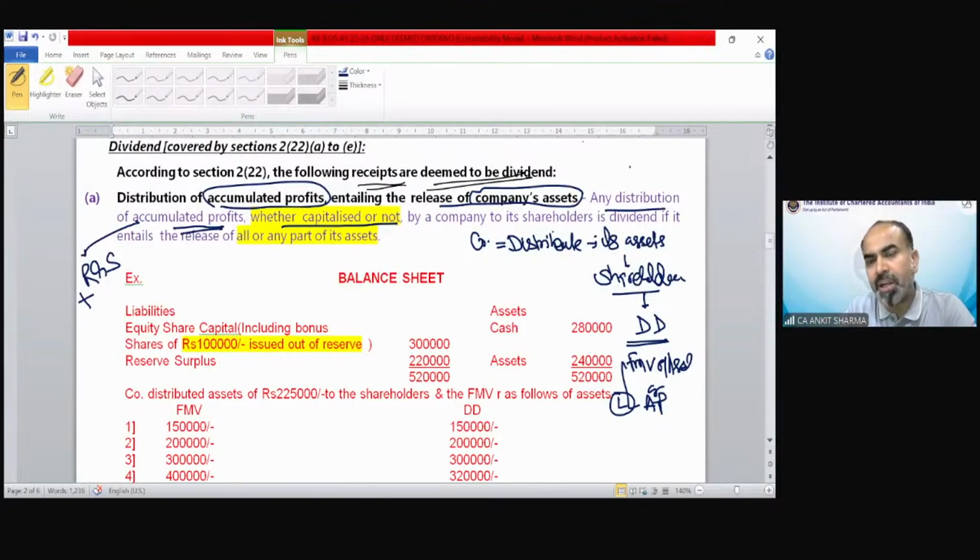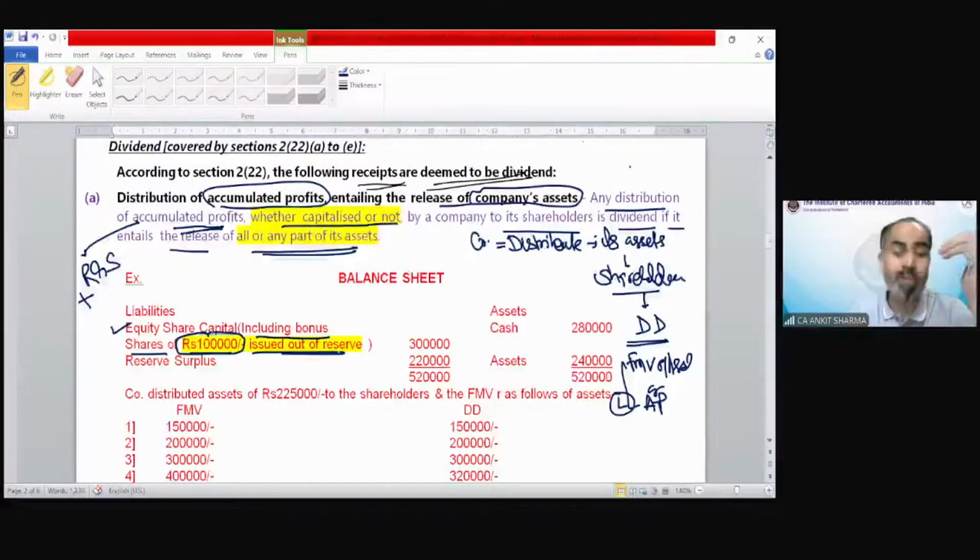Any distribution by a company to its shareholder is dividend if it entails the release of all or any part of the asset. So let's see this balance sheet. In the balance sheet, you can see equity share capital, including bonus shares of 1 lakh issued out of reserve. So this 1 lakh has been utilized. This 1 lakh has been capitalized from reserve and surplus.